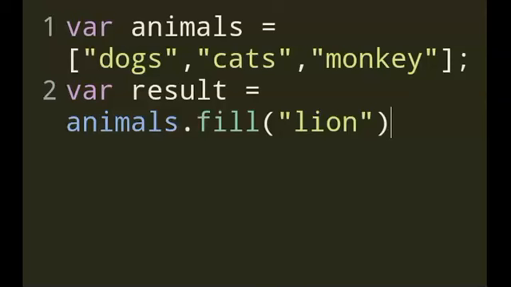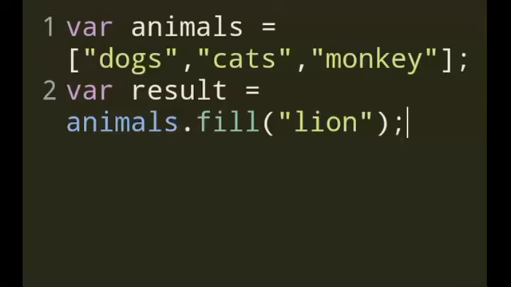I just say lion at the moment without any index reference. So the default, remember, is 0. The default start index is 0 and the default end index is -1, which means if I write it like this without referring an index, it will fill it throughout.